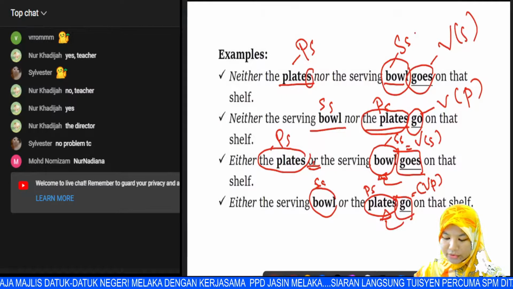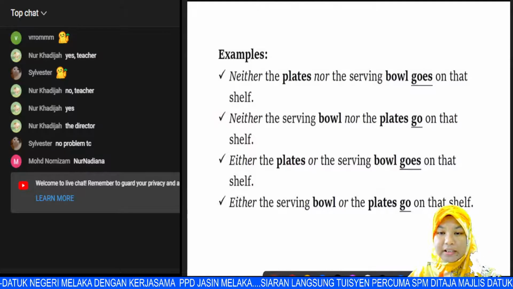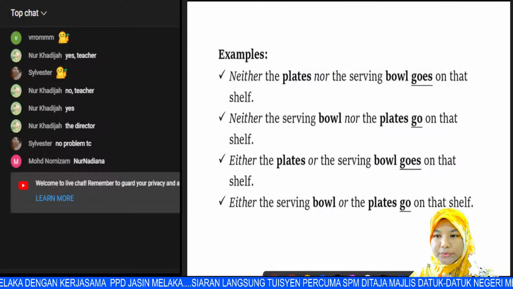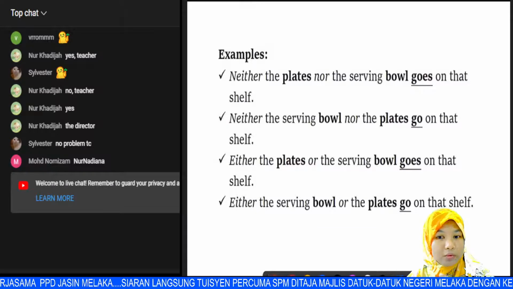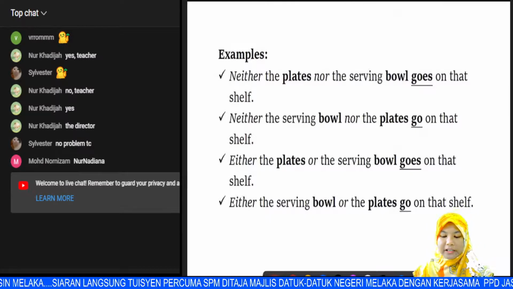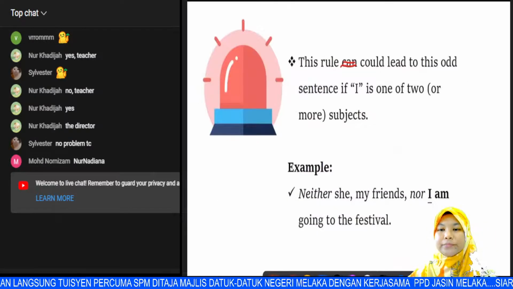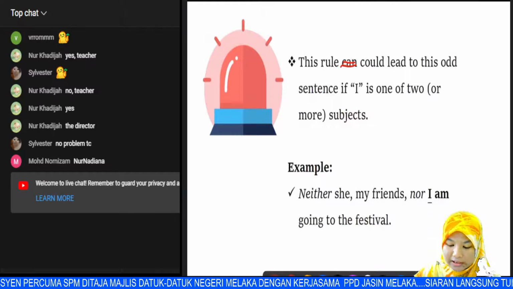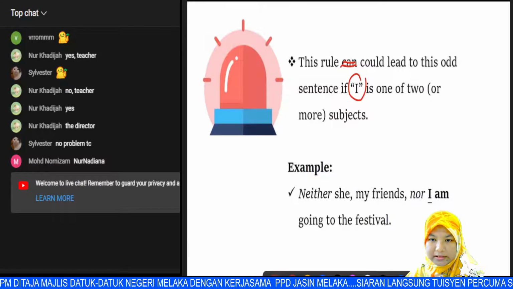Okay, let's go to the next one. However, this will be an exception. This is where you will find that the sentence will be a bit awkward. This rule could lead to an odd sentence if I is one of two or more subjects.